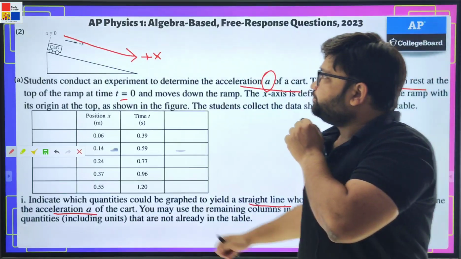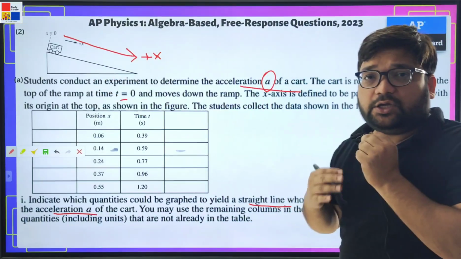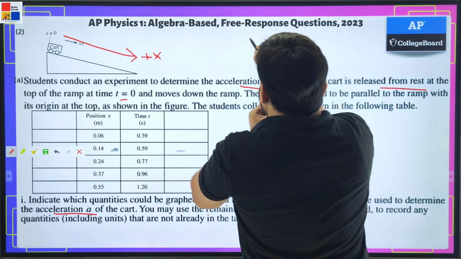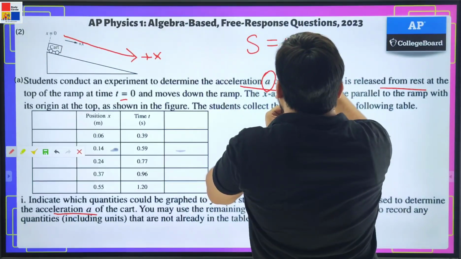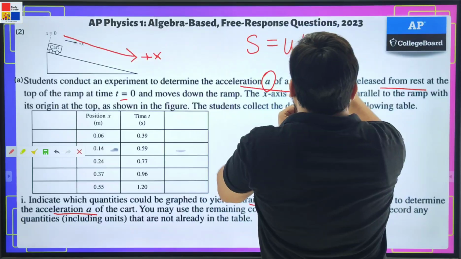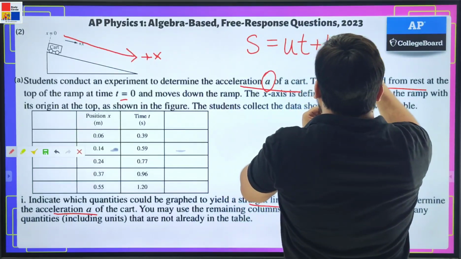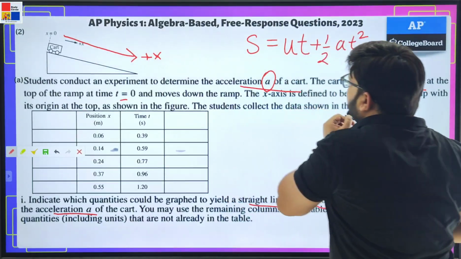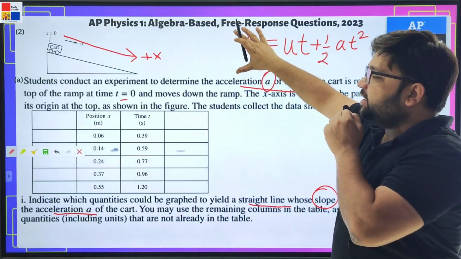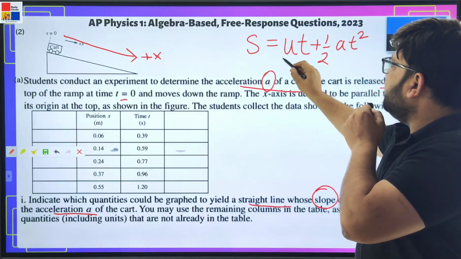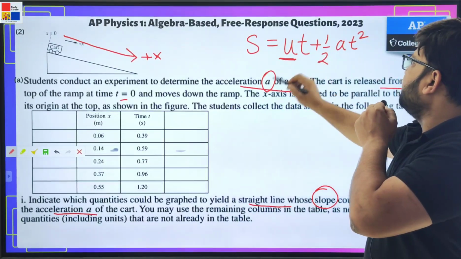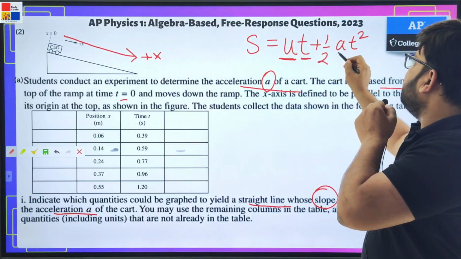I know that by the equation of motion, s, the displacement, is given by u times t plus half a t square. Here s is the displacement, u is the initial velocity, t is the time, and a is the acceleration.